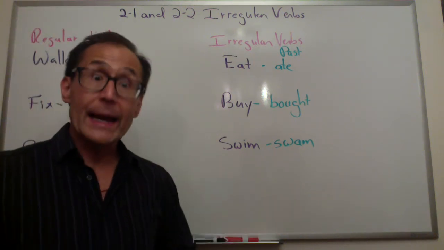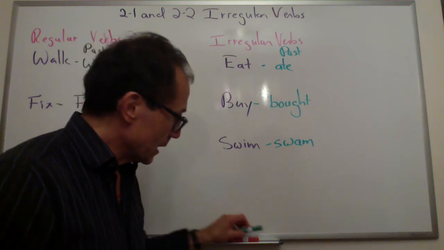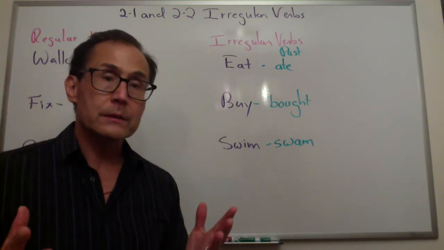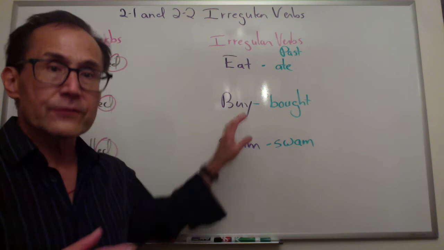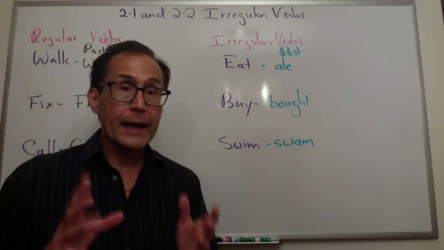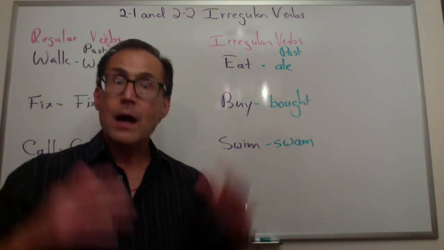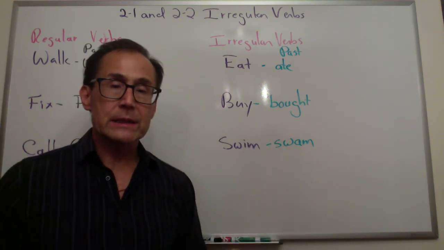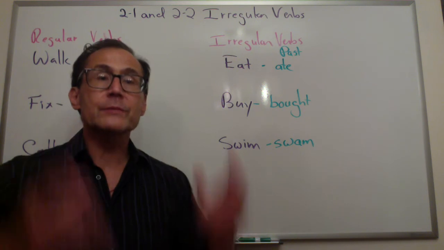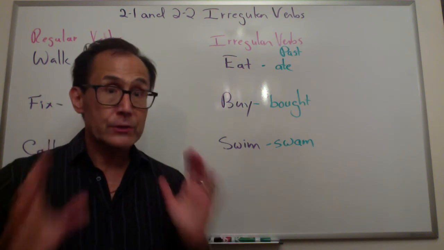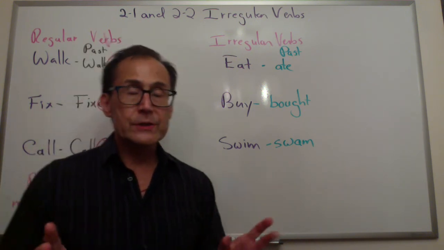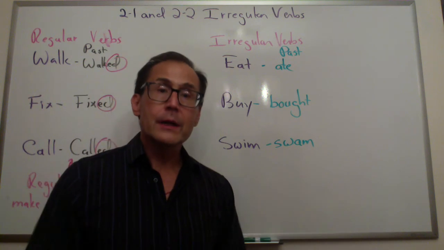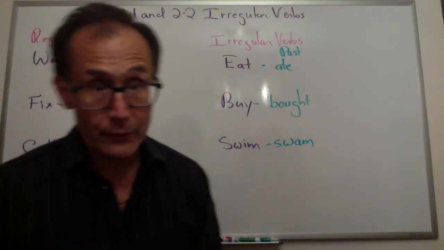So you may be asking yourself, okay, if irregular verbs don't add ed to make the past, how do I know what the past is? I'm sorry, I have some bad news for you. The bad news is there is no real rule. You pretty much just have to memorize.